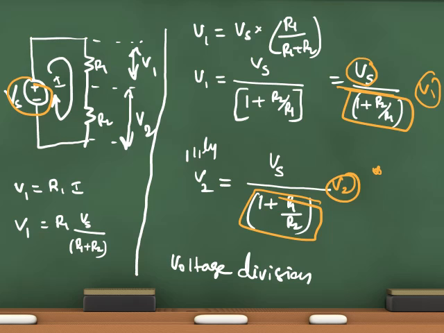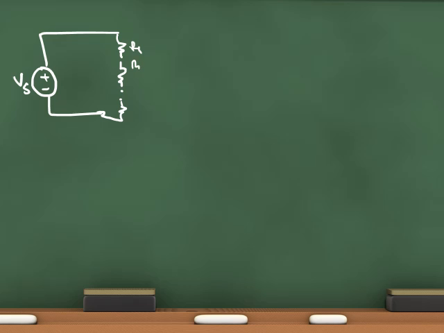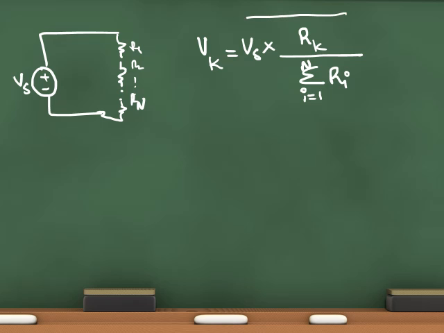Suppose a voltage source Vs is connected to n resistors R1, R2 and so on up to Rn. Then any voltage Vk can be written as Vs into Rk divided by the sum of resistors connected in series, summation i equal to 1 to n of Ri. This is the generalized formula for voltage division.